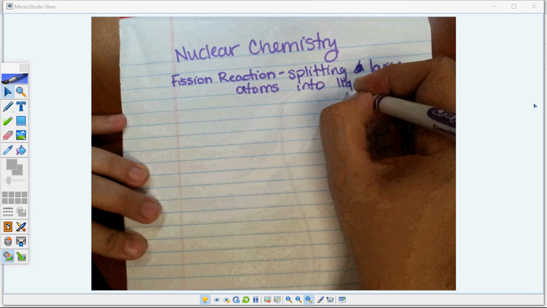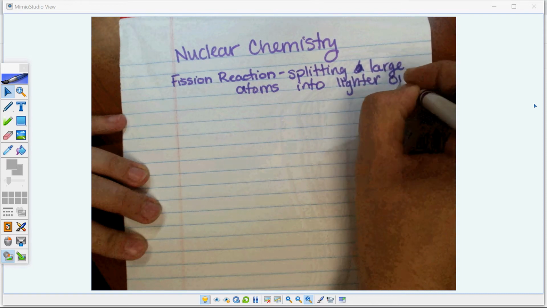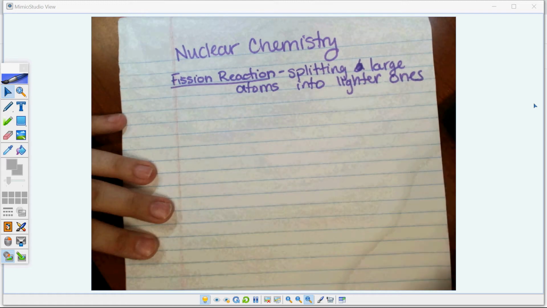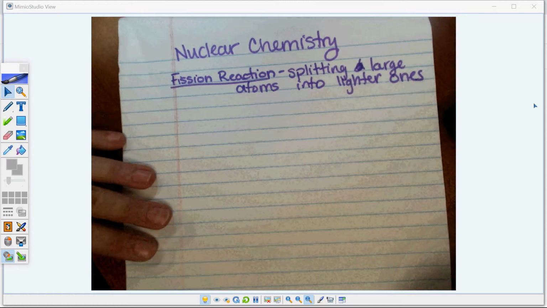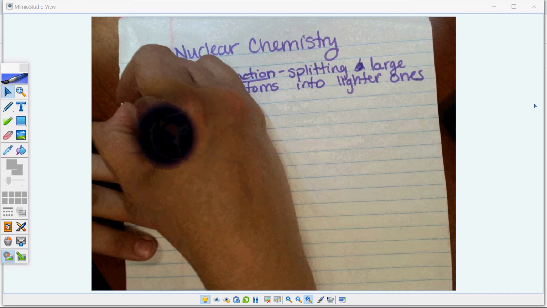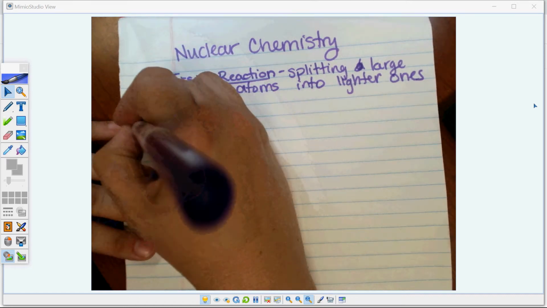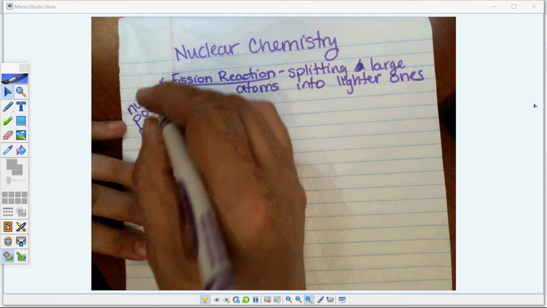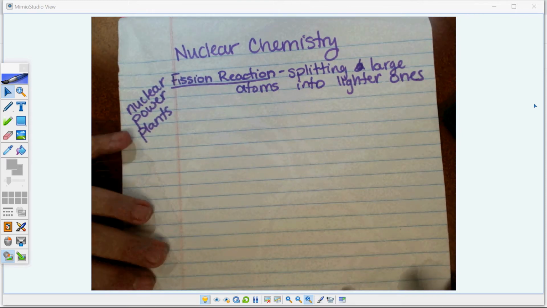And that'll make sense when I give you an example. There's a lot of energy associated with a fission reaction. We can harness this energy. This is actually what we use in nuclear power plants. So this is the type of reaction that takes place in a nuclear power plant.